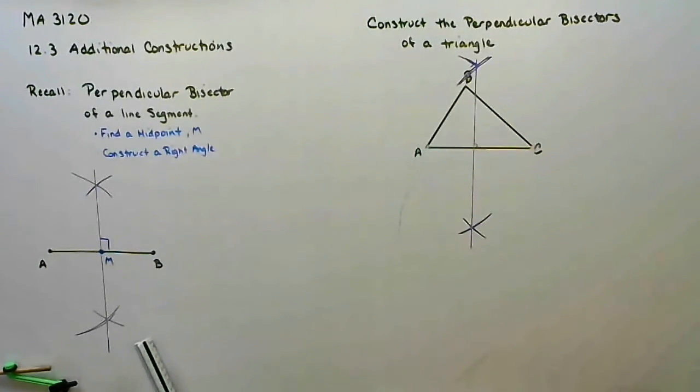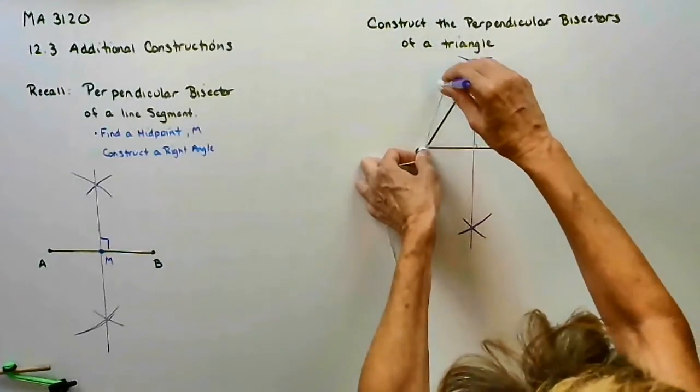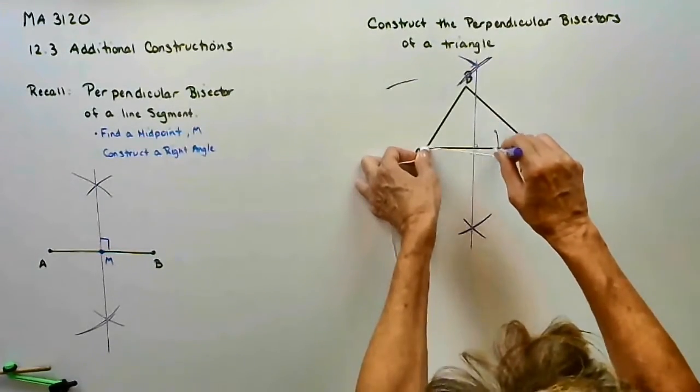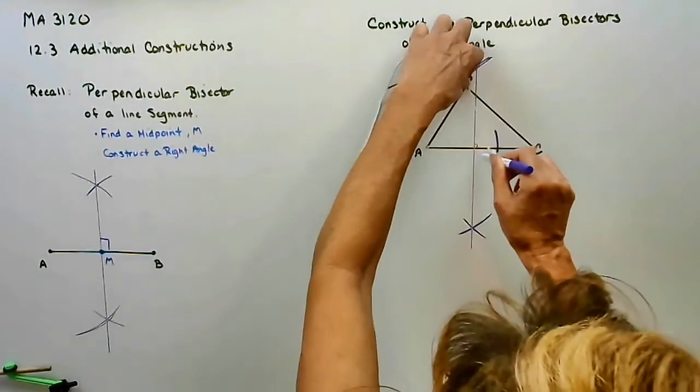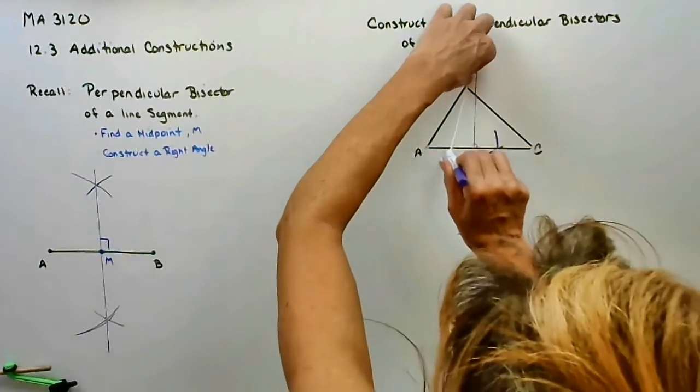I'm going to do the same thing with side length AB. String an arc out here, out here, out here. How am I going to do that?